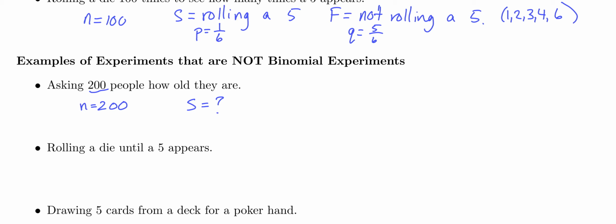Rolling a die until 5 appears is not a binomial experiment. We do have success by calling success a 5, but we do not have a fixed number of trials.